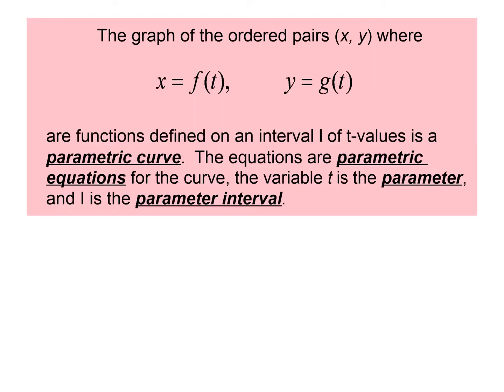So parametric equations, we can kind of relate those to our vectors with the components. There are actually two equations, hence parametric equations. They come in pairs. So there's an x equals and a y equals, and then there will be equations for each of those.